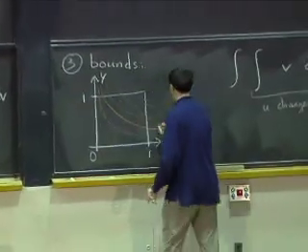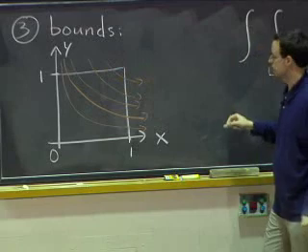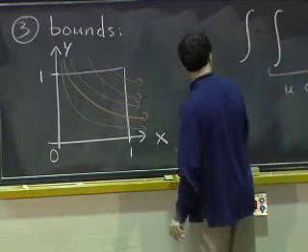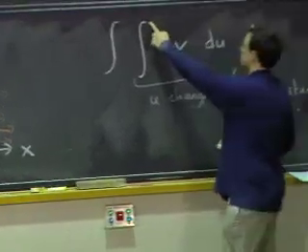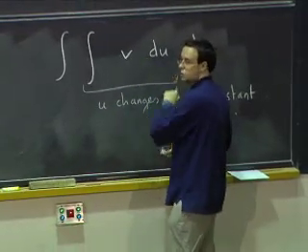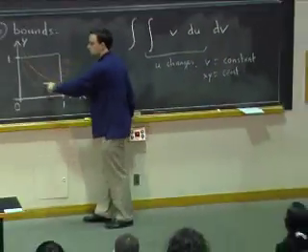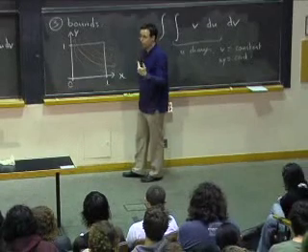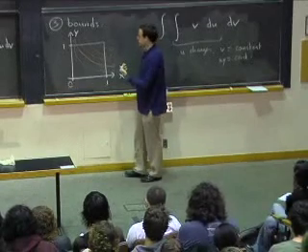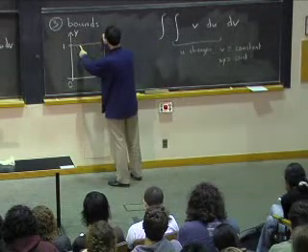So we're just traveling on each of these slices. Now, the question we must answer here is, for a given value of v, what are the bounds for u? So I'm traveling on my curve v equals constant and trying to figure out, when do I enter my region? When do I leave it? Well, I enter it when I go through this side. So the question is, what's the value of u here?